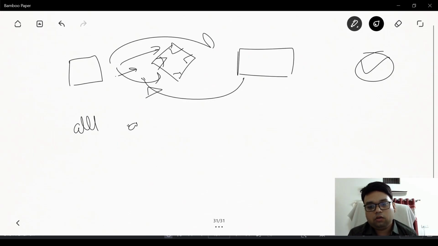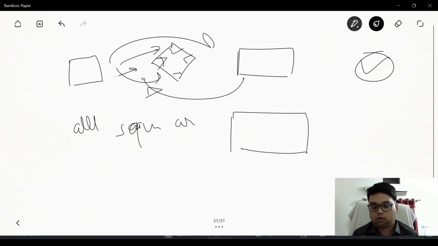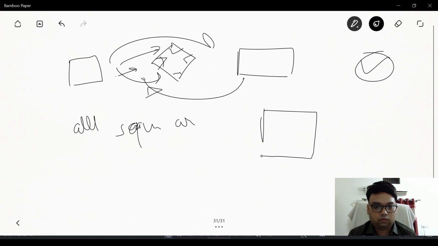Now moving forward to question number 4: all squares are not parallelograms. Let us see. Assume this is your square. Here the opposite angles are equal, opposite sides are equal, and diagonals are also equal.